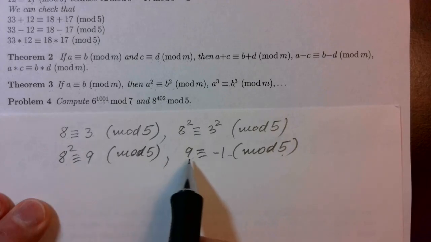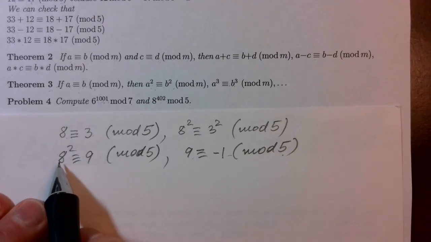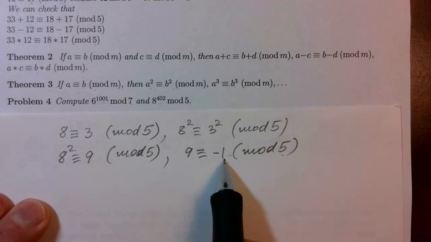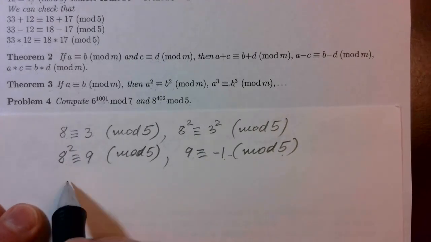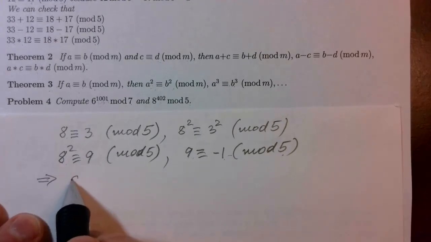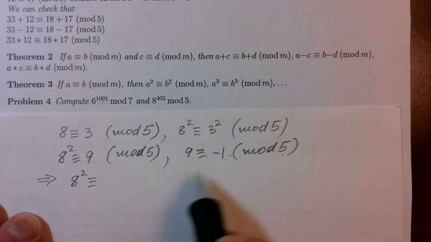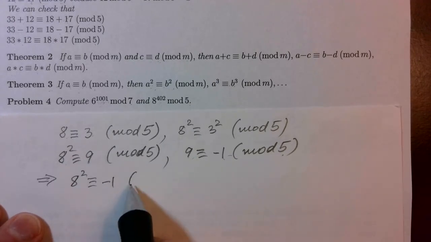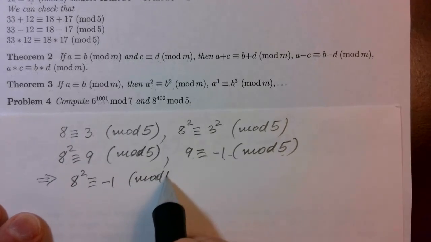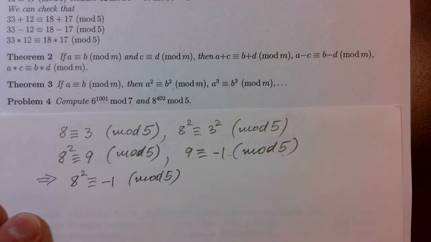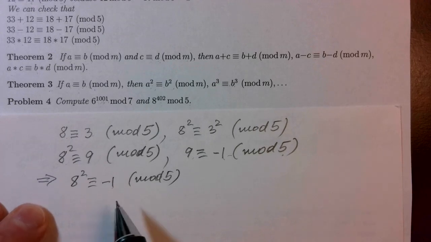Now, transitivity property holds. This is congruent to this, is congruent to this. So the first is congruent to the 2. So we get 8 squared congruent to -1 mod 5. -1 is good because we can compute easily any power of -1.